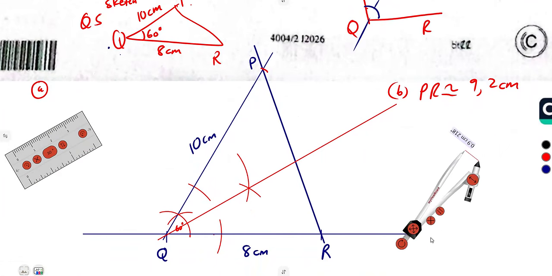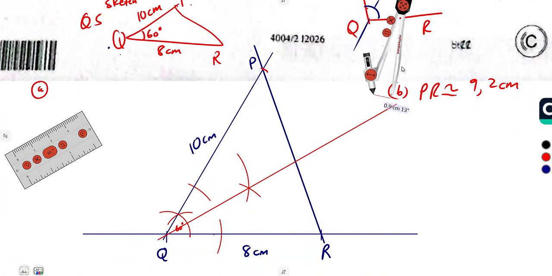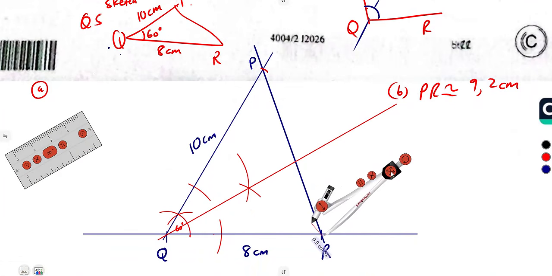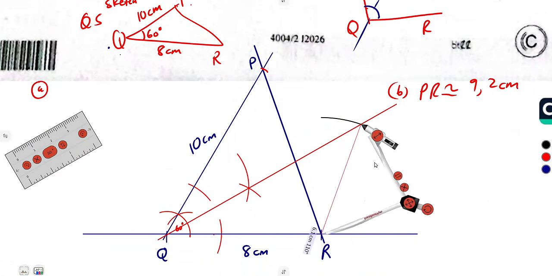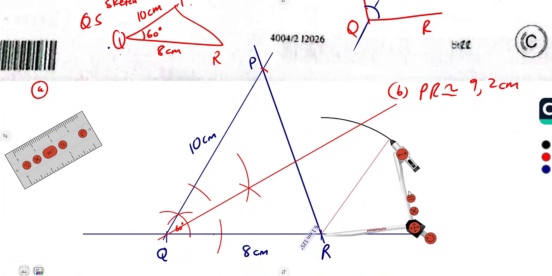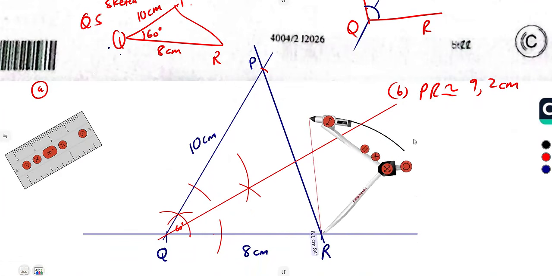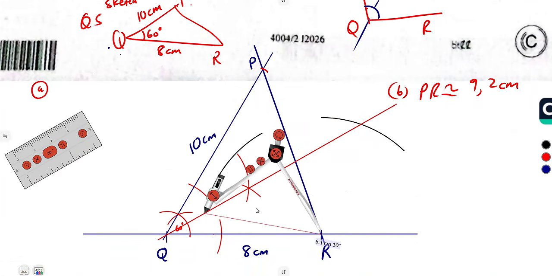You consider these two points, P and R. At point R here, open a distance which is more than half of the line. Then we construct an arc on this end, and another arc on this side here.